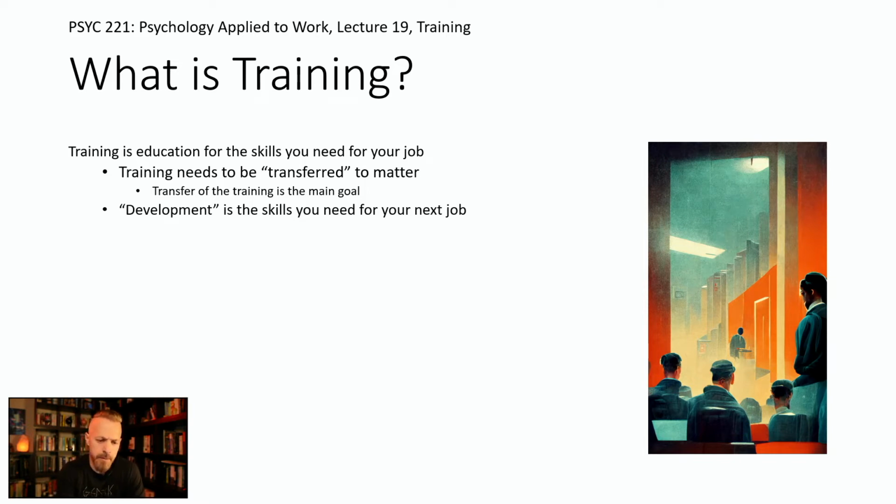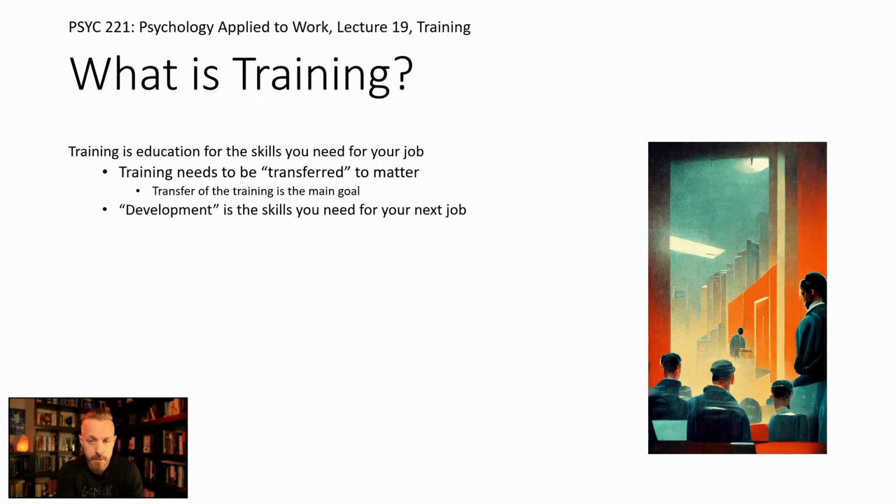So development is typically future oriented, and that might be broad, so that it improves your chances for landing a better job, or just generally improves your skills for what you might face in the future that the organization might deem beneficial. But training is usually very near term. It's usually to address the specifics of your job, and that might be because there's a new change in what you need to pay attention to or do in your job.